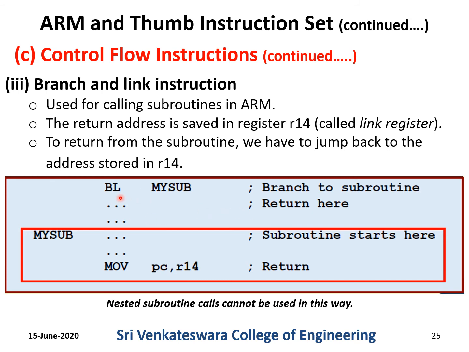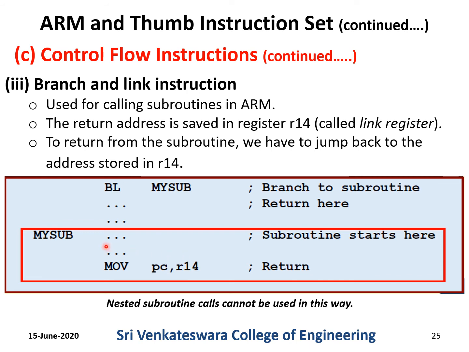Now if the branch and link instruction is used in this fashion, we will not be able to have nested subroutine calls. That is, once the control is transferred to the subroutine, another BL instruction should not be executed within the subroutine. What is the reason?